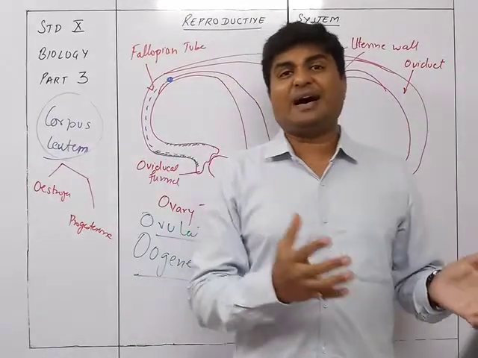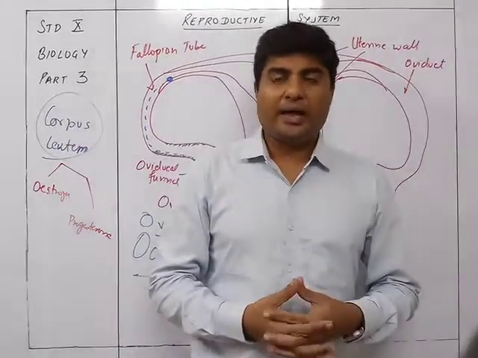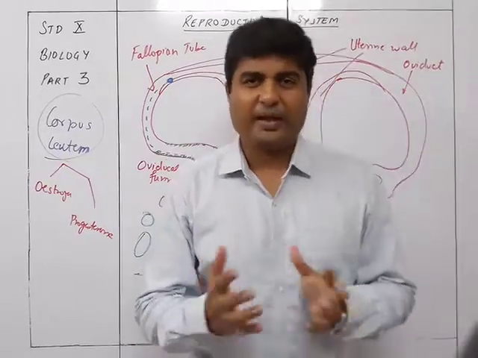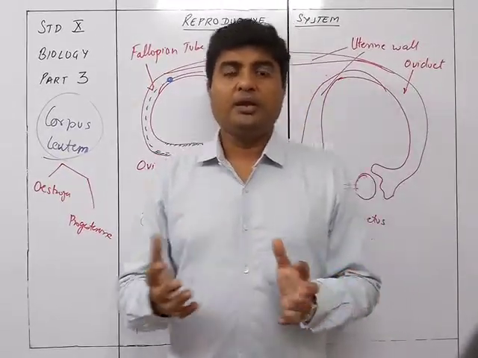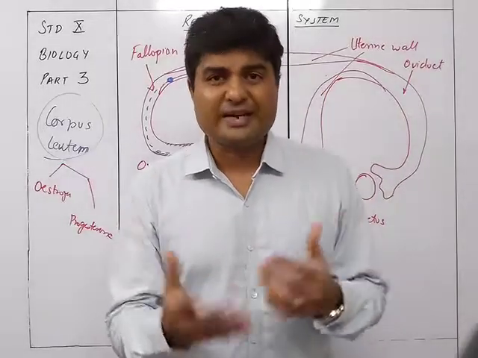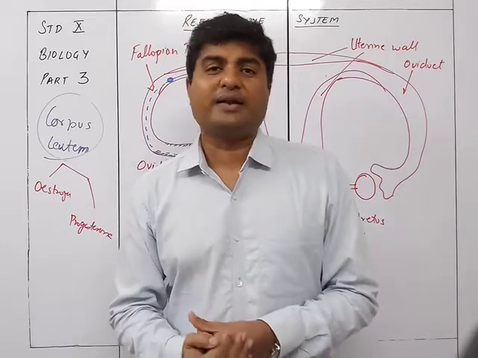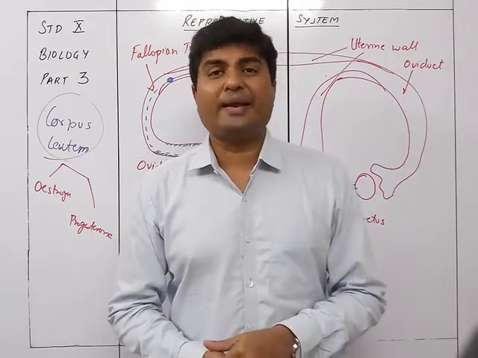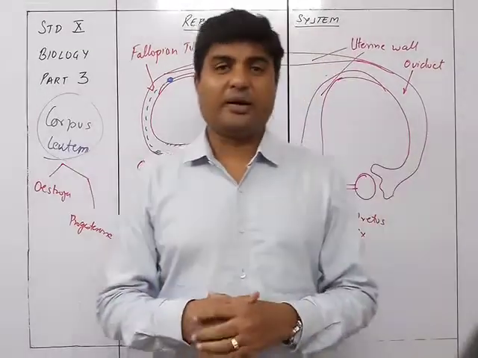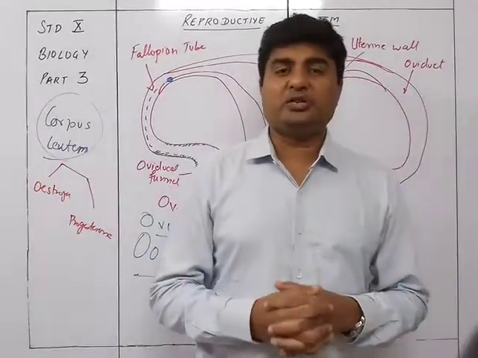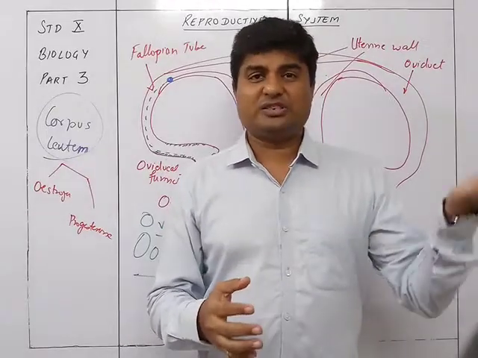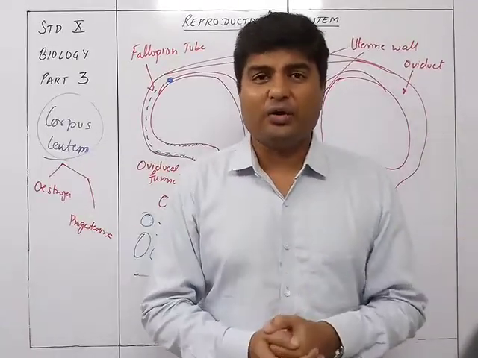It starts at the age of around 13 and ends at the age of around 45 to 50. The start is called menarche. The onset of the first menstrual cycle for a female is called menarche. And the complete stop of the menstrual cycle is called menopause. So menarche is the start and menopause is the end of the menstrual cycle.